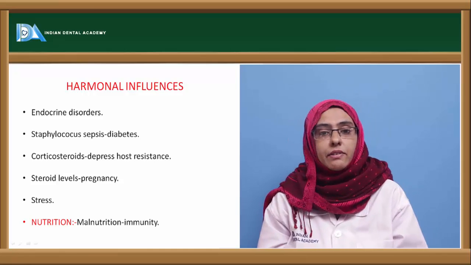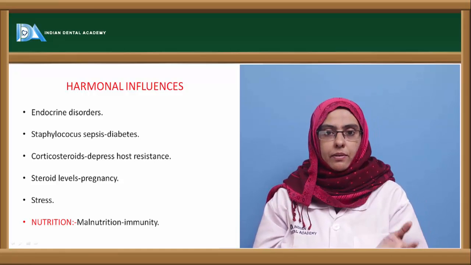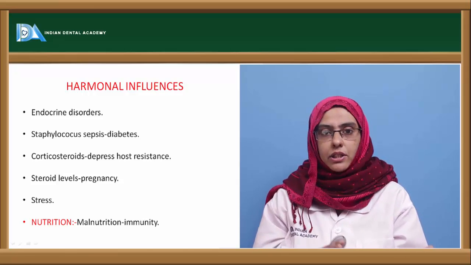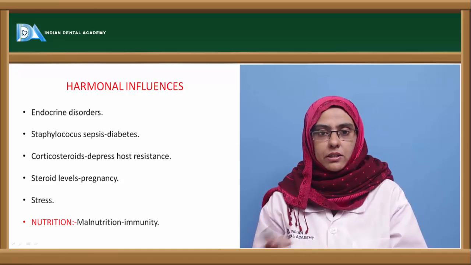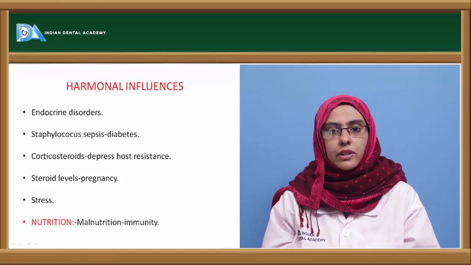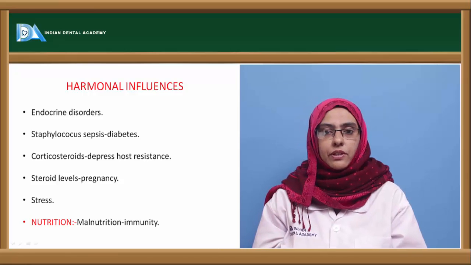The beneficial role is that they protect the person from bacterial products such as toxins. So depending upon the corticosteroid presence, it can make a person resistant or susceptible to a particular infection. And the increase in steroid levels during pregnancy also makes the pregnant woman more susceptible to different types of infections.